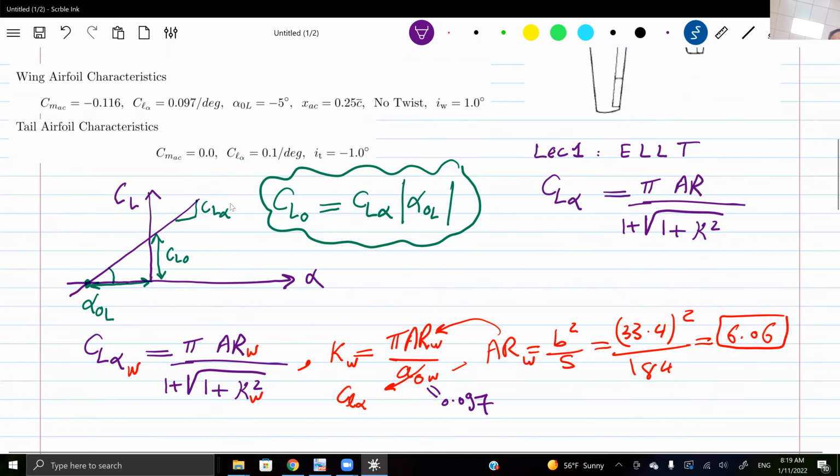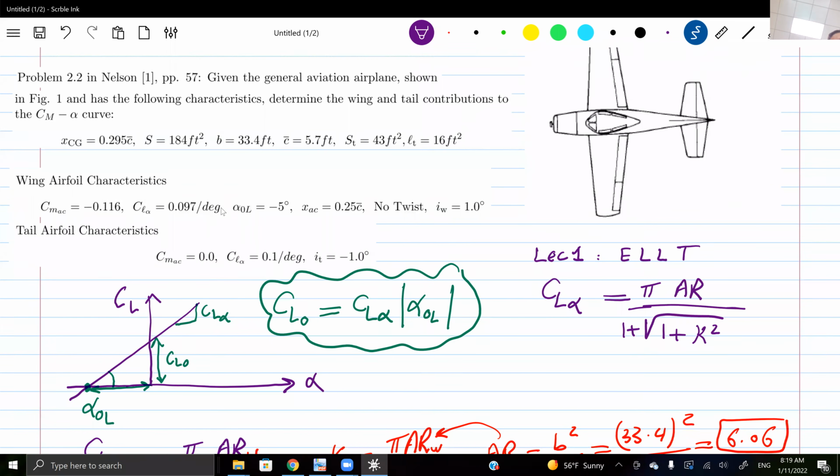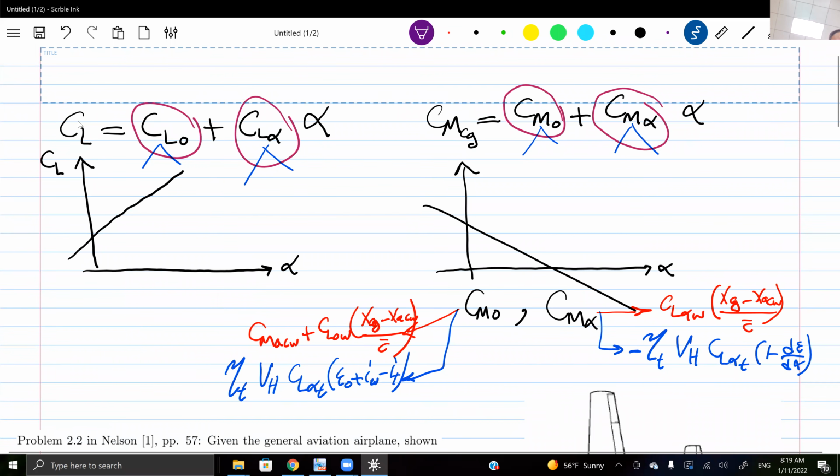This is per degree. And this is something that we need to discuss, folks. The lift coefficient and moment coefficient are dimensionless and unitless, right? This is the main point of writing coefficients. But CM alpha or CL alpha is a slope. It's something like CL over alpha or CM over alpha. So they are coefficients divided by an angle. So they have units: 1 over degree or 1 over radians.